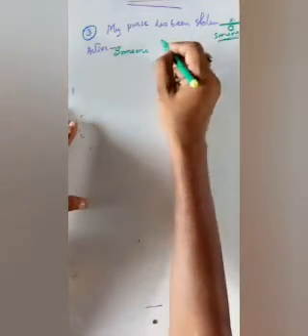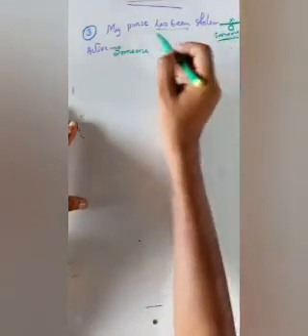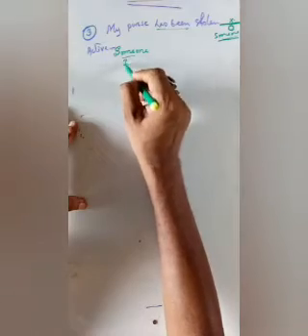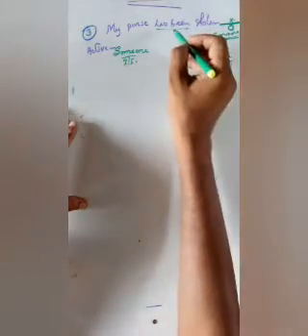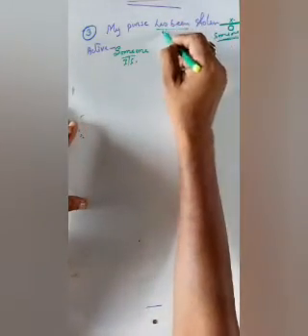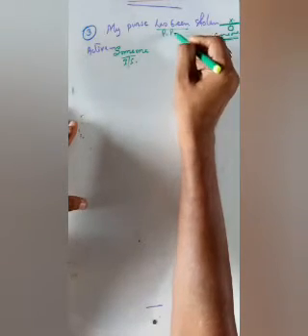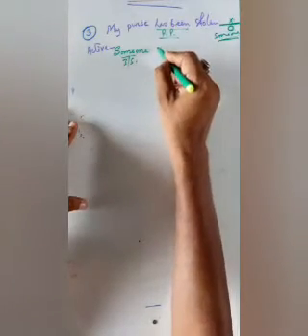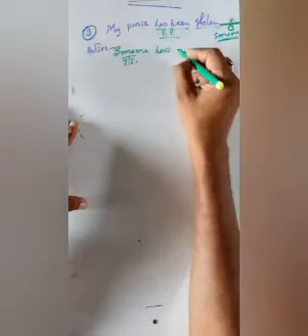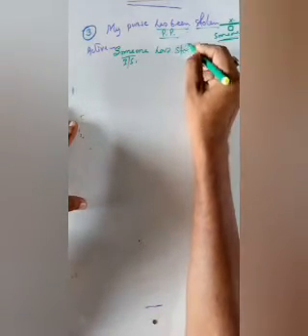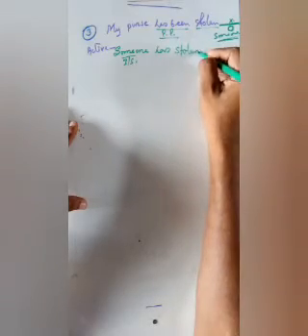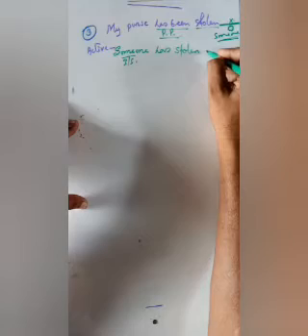Someone has been, and it is in third person singular number, and the tense is present perfect tense. So someone has stolen. It is in perfect tense, so it will be stolen again. Someone has stolen.